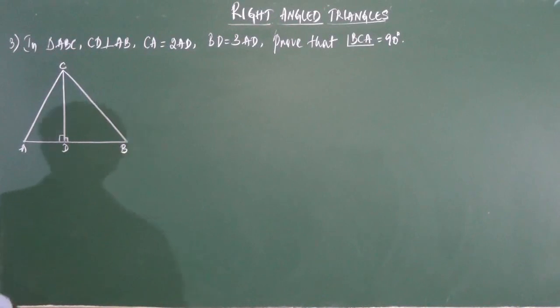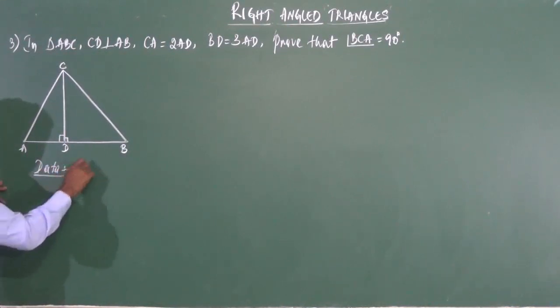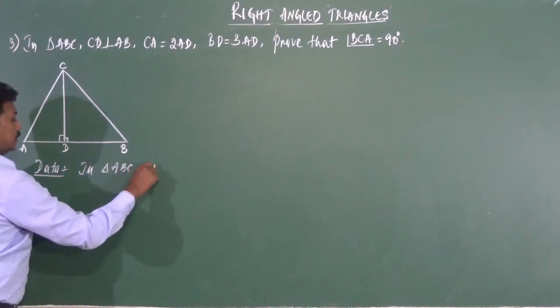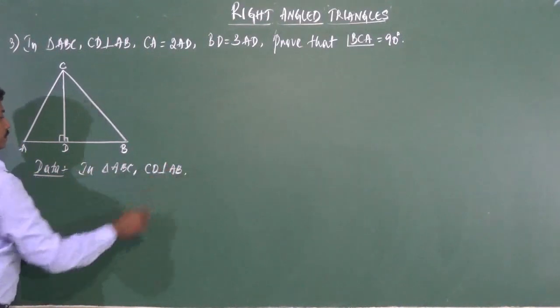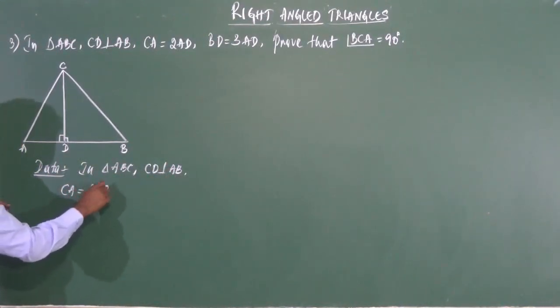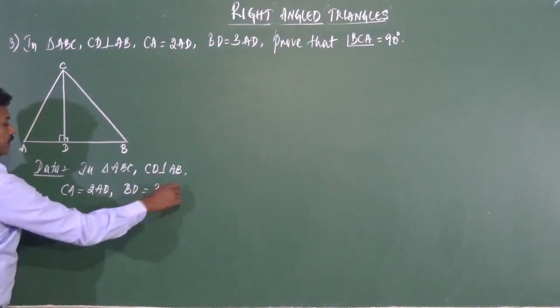It's a beautiful problem. Let us get into the data. So in triangle ABC, CD perpendicular to AB, CA is equal to 2AD and BD is equal to 3AD.